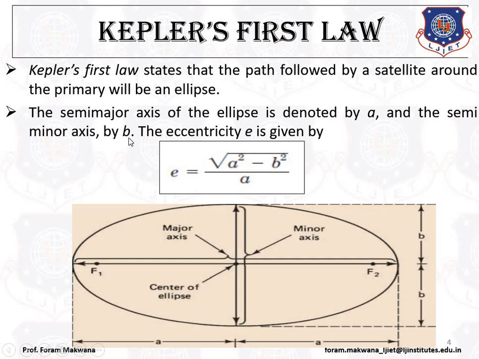So, eccentricity, which defines the shape of the orbit, is represented in terms of semi-major axis and semi-minor axis, which is represented in terms of equation, that is e is equal to under root of a square minus b square upon a.